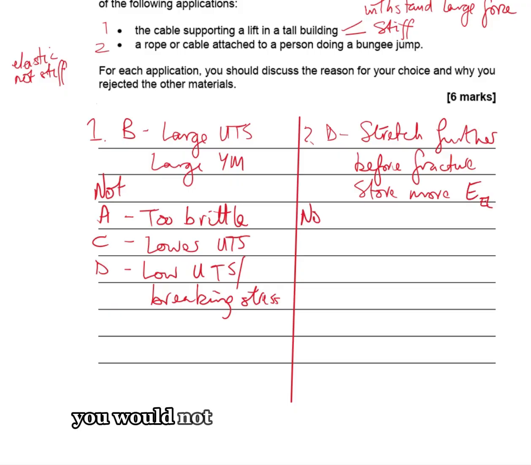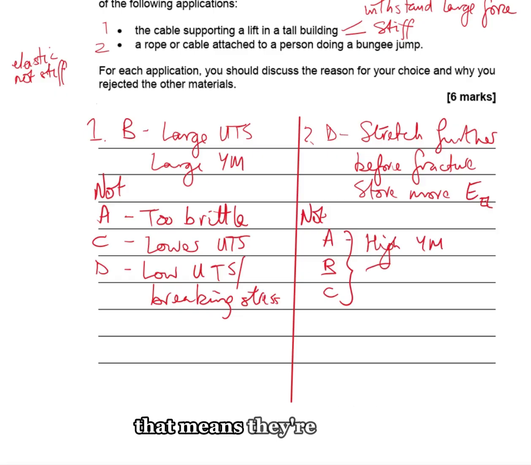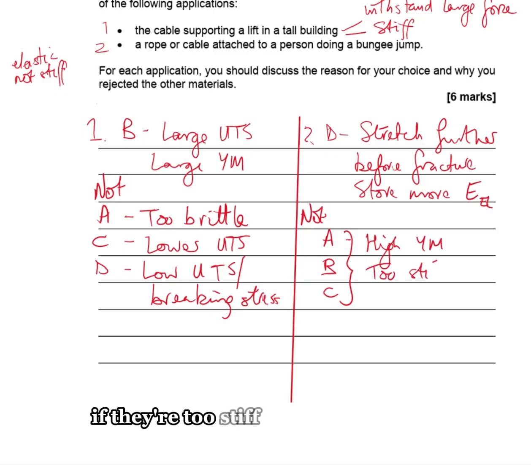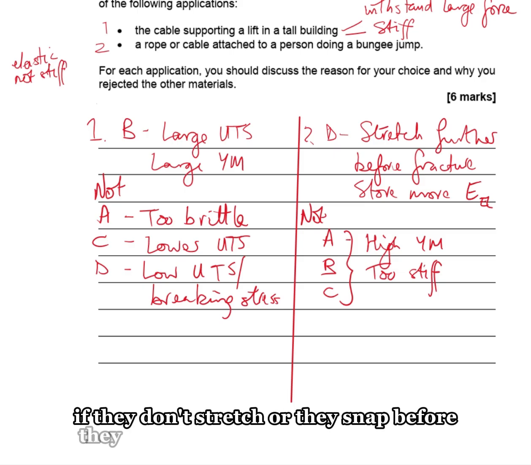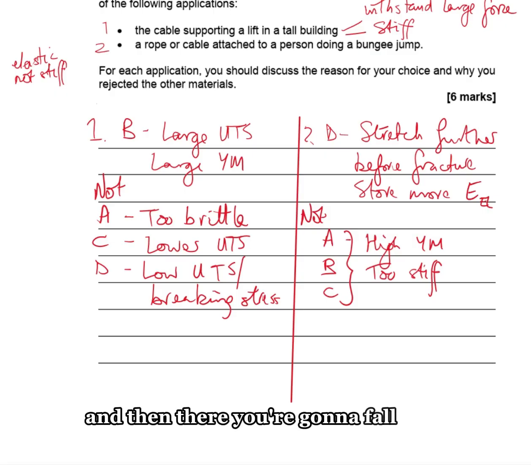Why would you not use A? In fact, you wouldn't use A, B, or C because they have a high Young Modulus. That means they're too stiff, so they're not going to stretch. If they snap before they stretch, you're going to fall into whatever it is you're landing on.